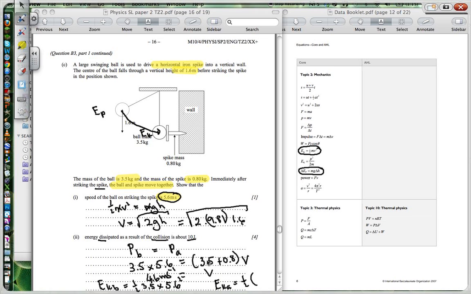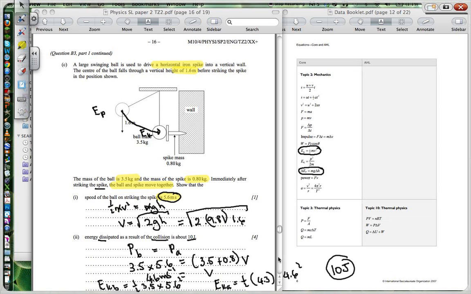Now we're going to have this value over here. The total mass of that is 4.3 times 4.6 squared. And the lost energy will be the subtraction of the two, and you'll get about 10 joules difference when you do the two.